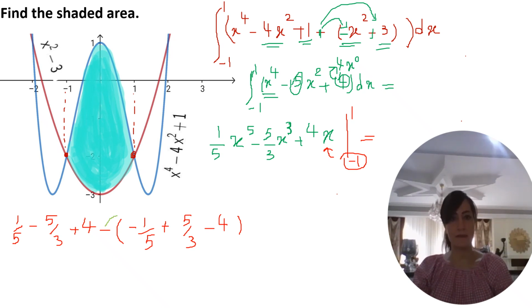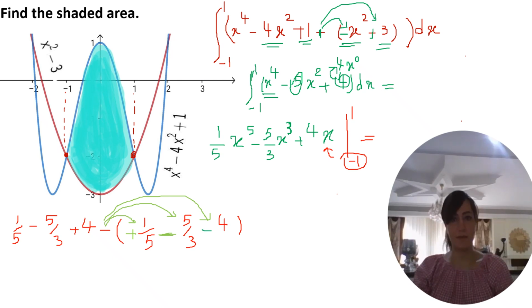Now I distribute this negative inside the parentheses and change the sign of all the terms. Negative becomes positive, positive becomes negative, and the third becomes positive again.